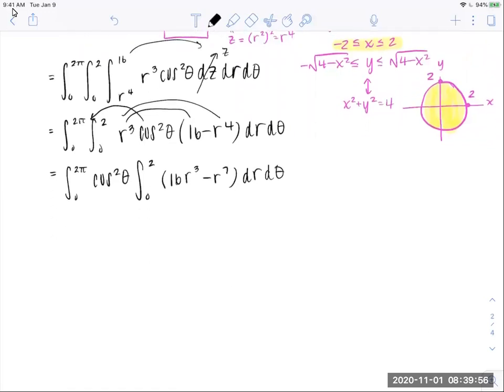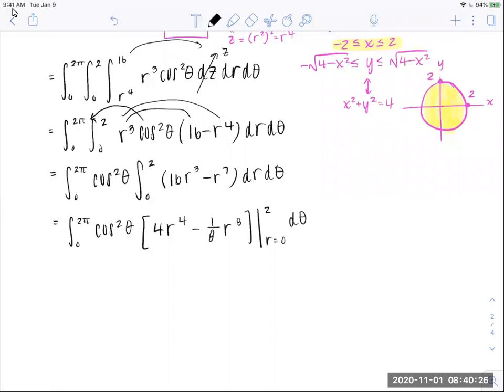All right. So now let's go ahead and integrate this polynomial with respect to r. Rewriting my first integral and rewriting my cosine squared theta. I have not a 1/4, but rather a 4r to the fourth minus 1/8 r to the eighth. And I want to evaluate r from 0 to 2 d theta.